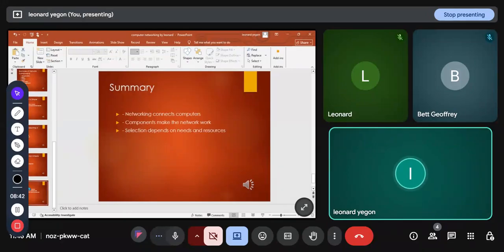And finally, we have that selection depends on the needs and the resources. So for you to select a certain network, it depends on your needs and the resources which are available.